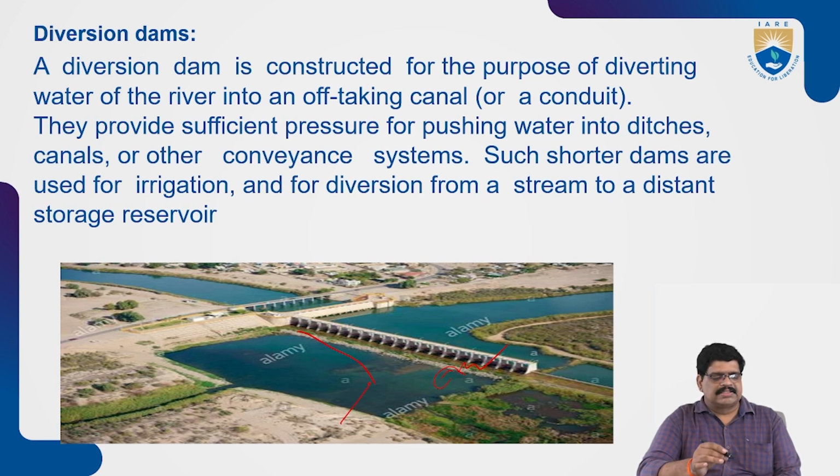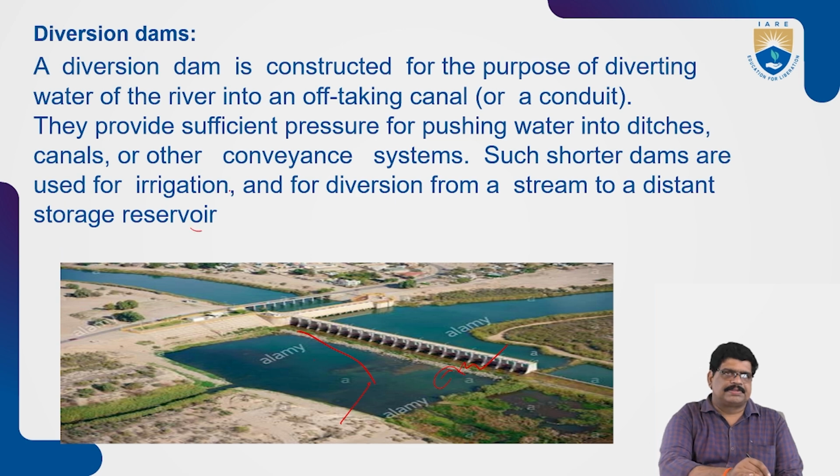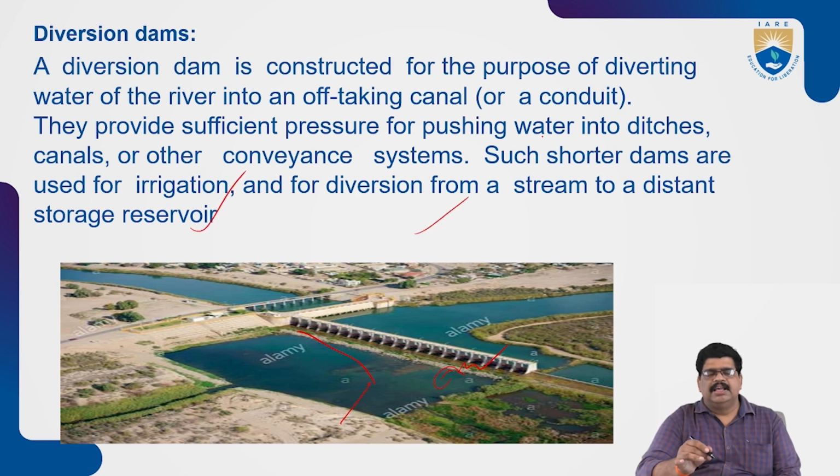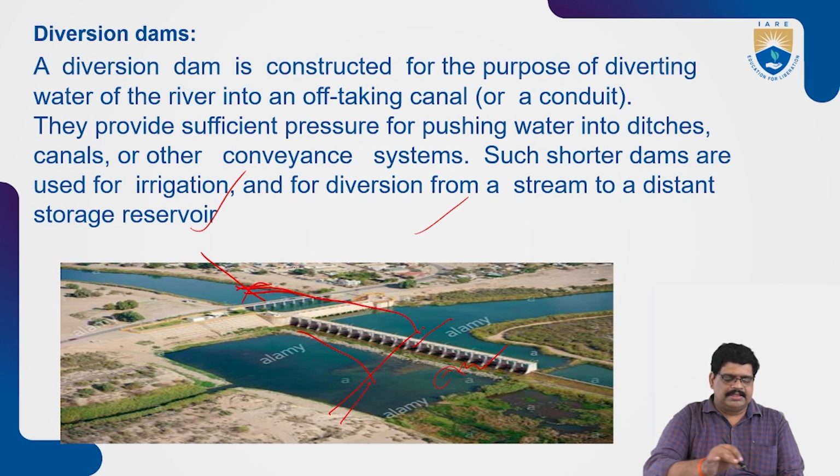So it can be constructed and the water sent to the off-taking canals. They are provided with sufficient pressure for pushing the water into the ditches and canals. Such shorter dams can be used for irrigation purposes and for diverting streams from the storage reservoir. Let us see that here. The canal is there. This dam diverts the water and it can be sent to another canal.